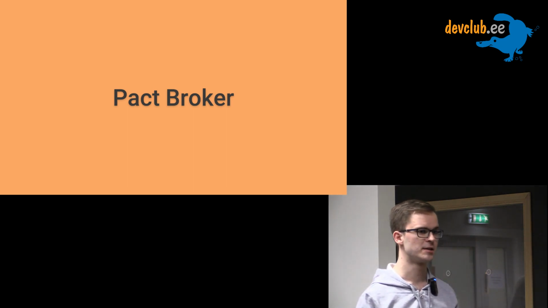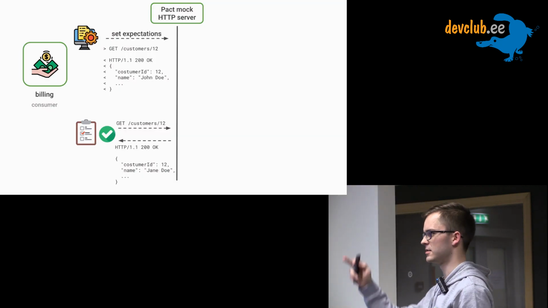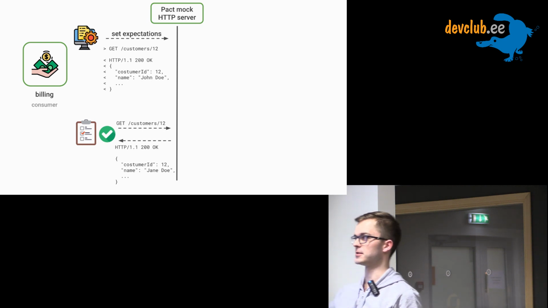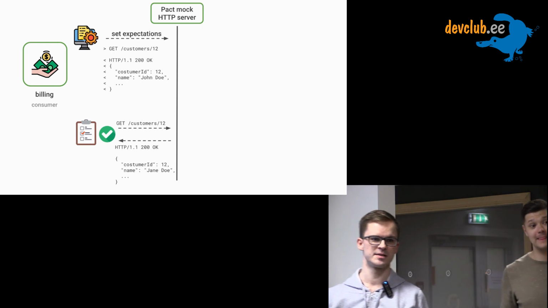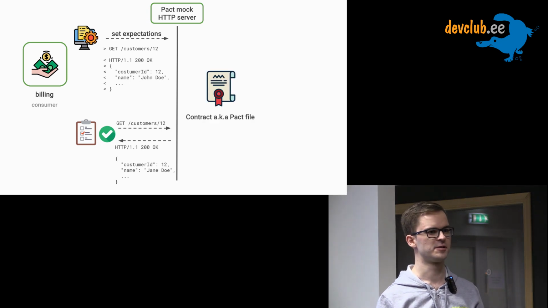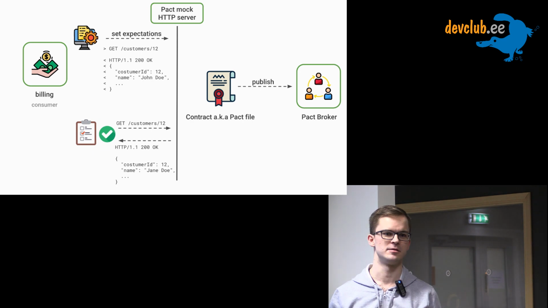These are all good, but the recommended approach is to use what is called a Pact broker. One thing that it does well is share Pacts. So this is the scenario we already saw: on the consumer side, billing will set the expectations, then run the tests. If everything is okay, a Pact file is generated, and the next step is to publish that Pact file to the Pact broker.